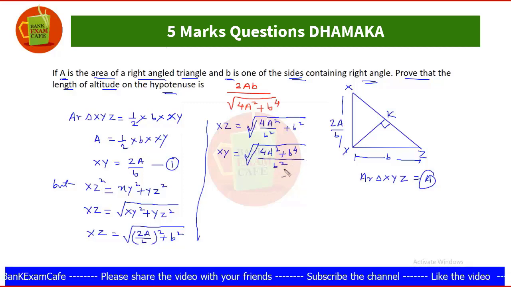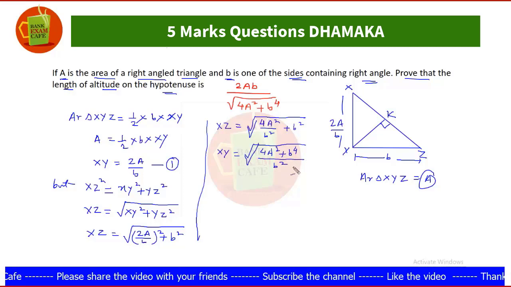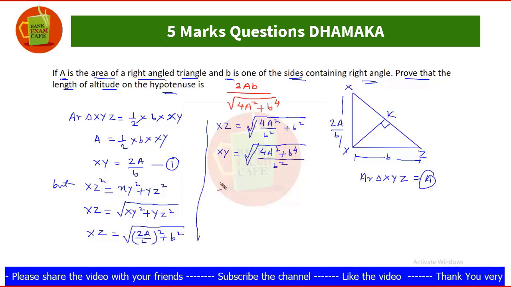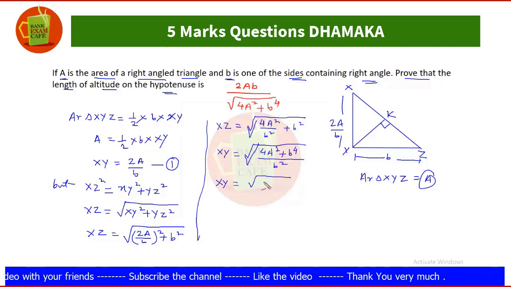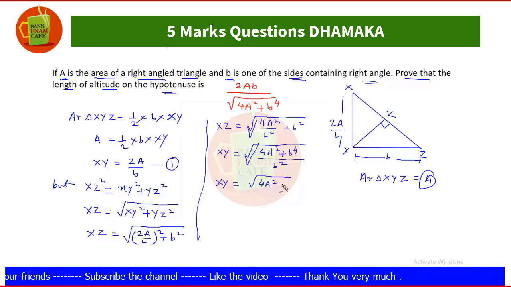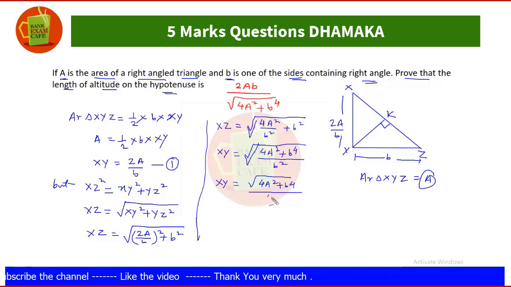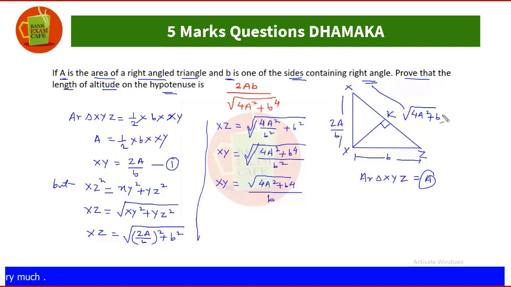Now b square, its square root will be b, so XZ is equal to square root of 4a square plus b to the power 4 upon b. Square root of b square will be b. Now here you have got XZ as square root of 4a square plus b to the power 4 upon b.